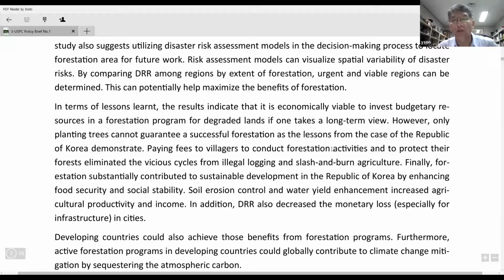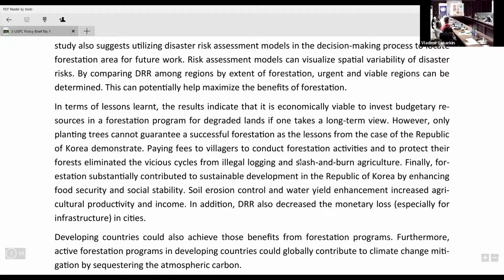In other words, again, after reforestation, you still need to invest money to protect and manage the forest. However, if you do not have support from local villagers, it's impossible to protect and manage the forest.